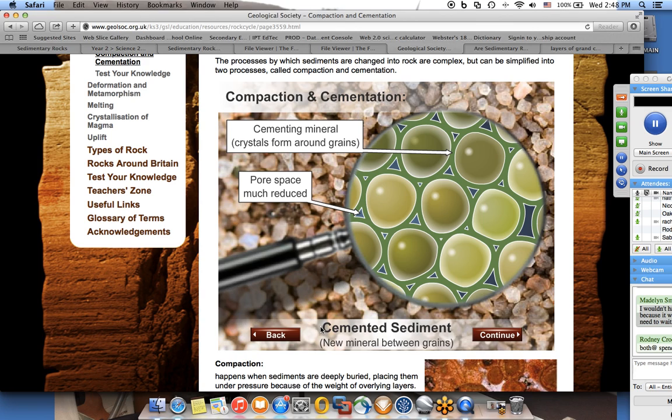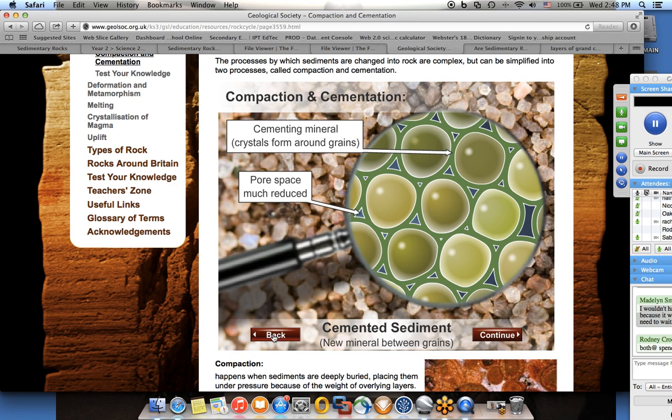Now we have the cemented sediment, where the minerals around reform and form crystals around the grains. So now the pore space is very, very small, much reduced, and now we have recrystallized minerals joining the particles together.